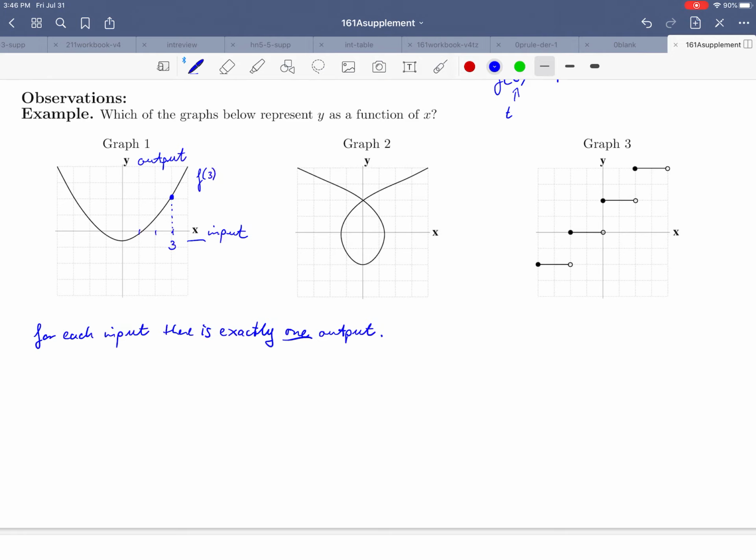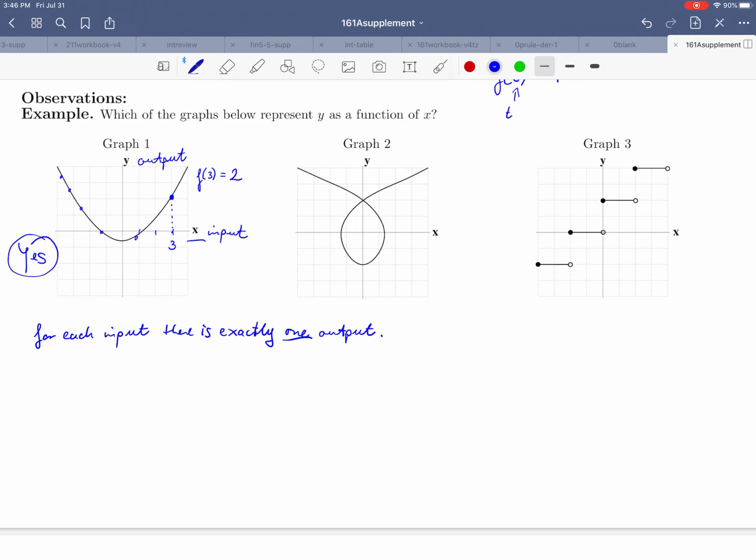It looks like f of 3 in this case is about 2. And we could make a statement like that for every other input value as well. So it looks like every input has exactly one output. So the conclusion is yes, our first graph is the graph of a function.